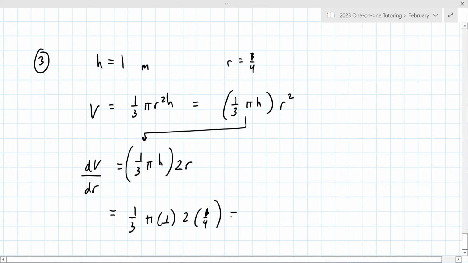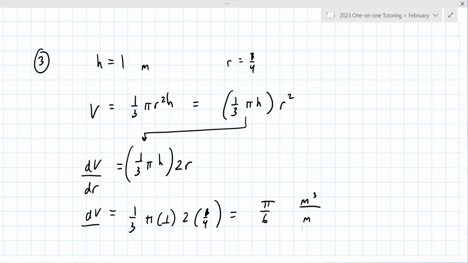So your answer here is pi over 6. Now it's volume, so your volume is changing at a rate of meters cubed per meter. So it ended up being meters squared. Probably won't use units on this.